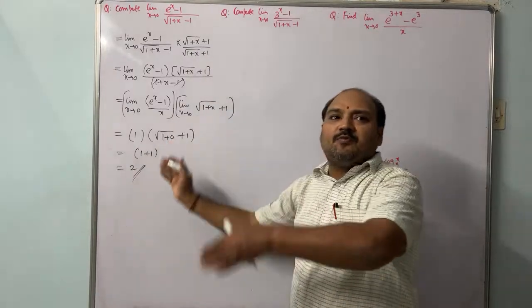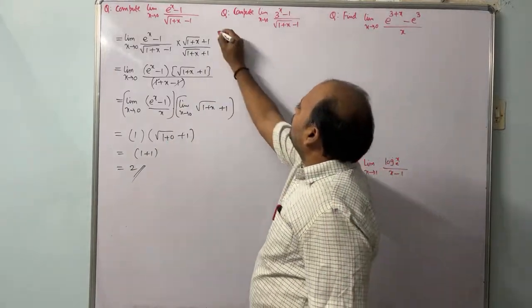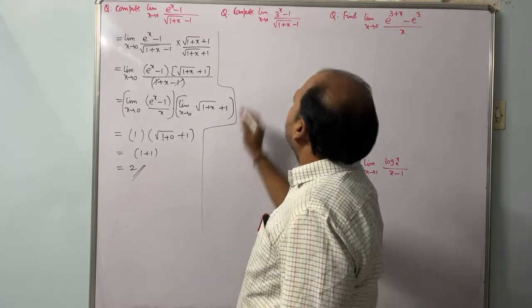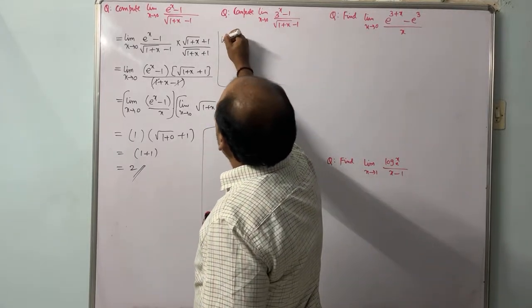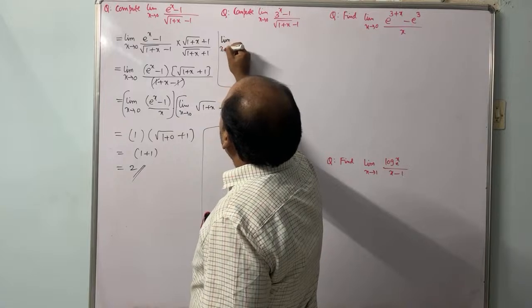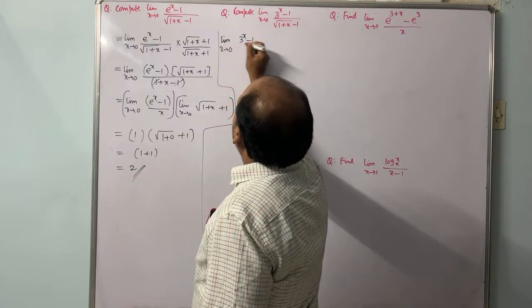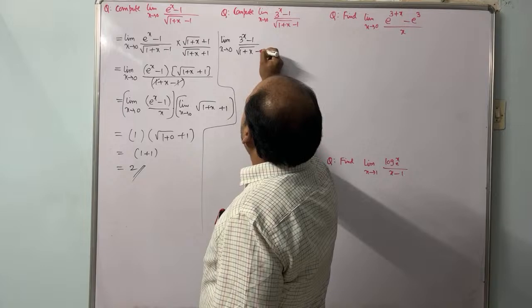Whatever procedure we followed, the same procedure we need to do here also. See here, limit x tends to 0, 3 power x minus 1 by root 1 plus x minus 1.